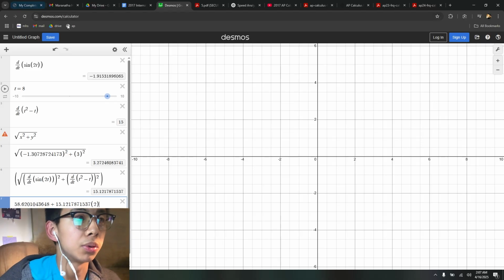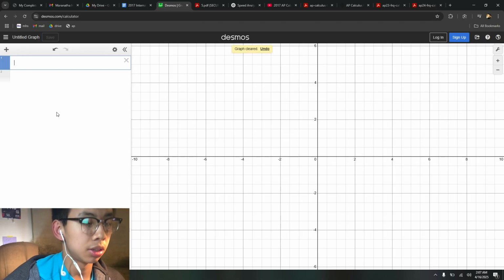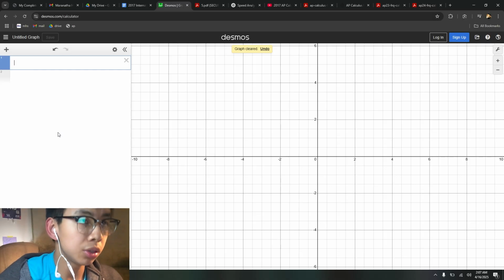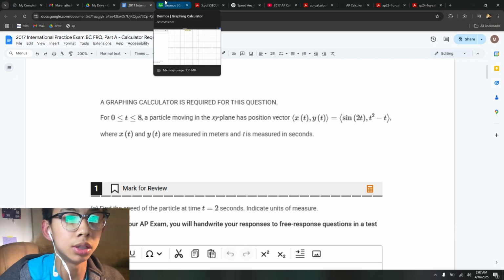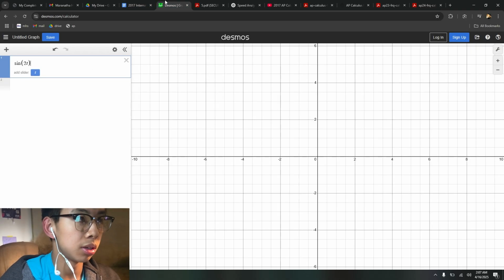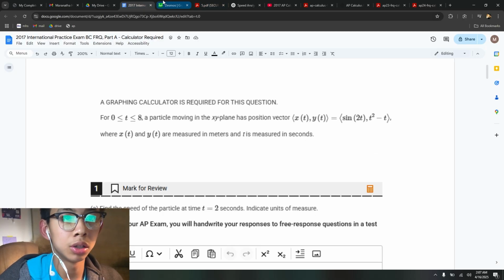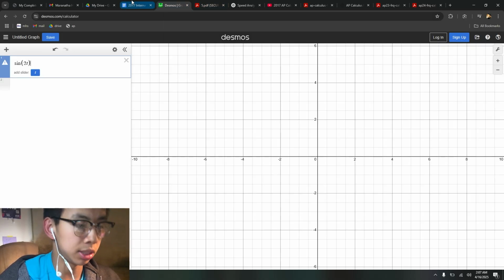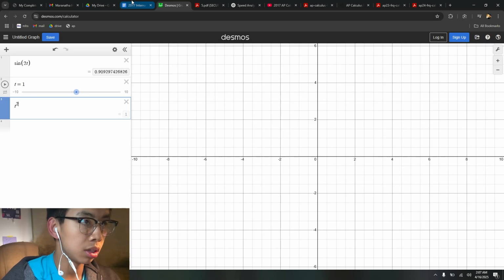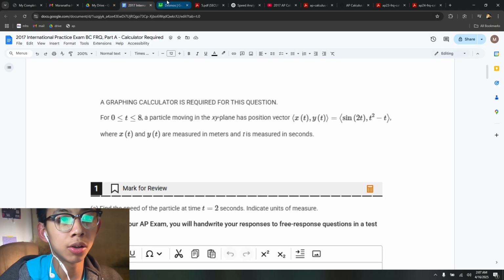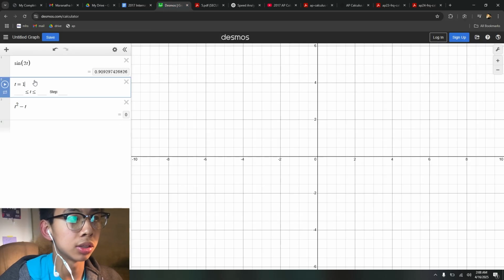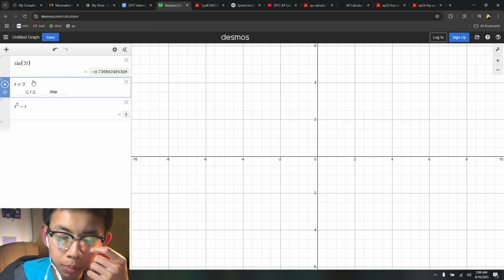So what I'm going to do is go into Desmos. I'm going to put in the x function, which is sine 2t, and the y function, t squared minus t, at t equals 2 seconds.